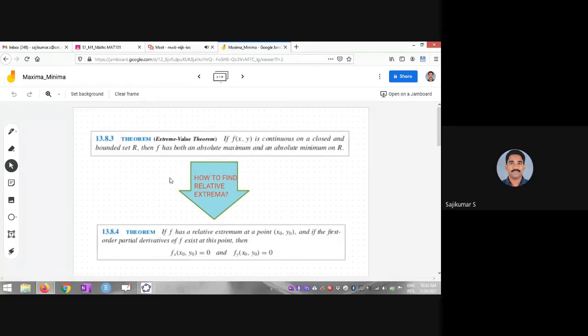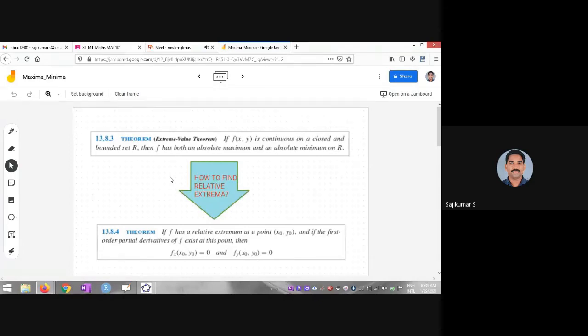If you are extending this concept to a two variable function, the domain is not an interval, the domain is a subset of the xy plane. In the subset of the xy plane, if you are considering a region having a closed boundary, it means the region is inclusive of all the boundary points. For the closed and bounded disk, the boundary points are also included.